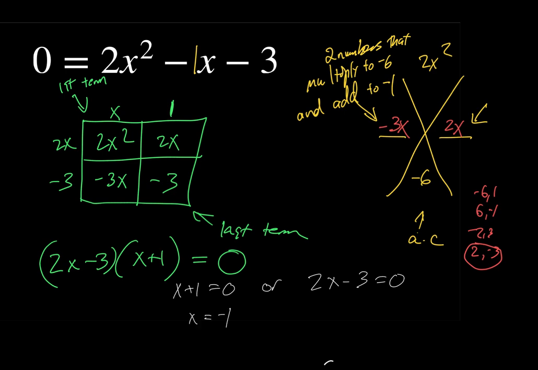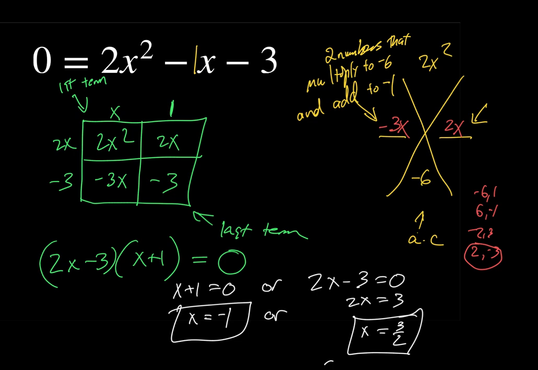Subtracted 1 from both sides there. Or here I'll add 3 to both sides, 2x equals 3. Divide by 2, x equals 3 halves. Those are the two values that if I plugged them back into the original equation for x, it would result in giving me a 0. So there's a quick review of the Xbox method for factoring and solving.